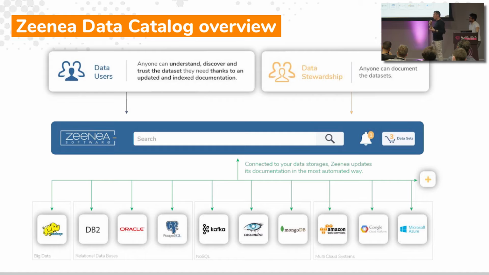And of course, in the middle of the system is a search engine that will be used by end users to find the asset. Not only the asset, but all the information about the asset, and especially the information about how to use it. If there is some compliance or ethical restriction, security restriction that they need to comply to before they can use this data.